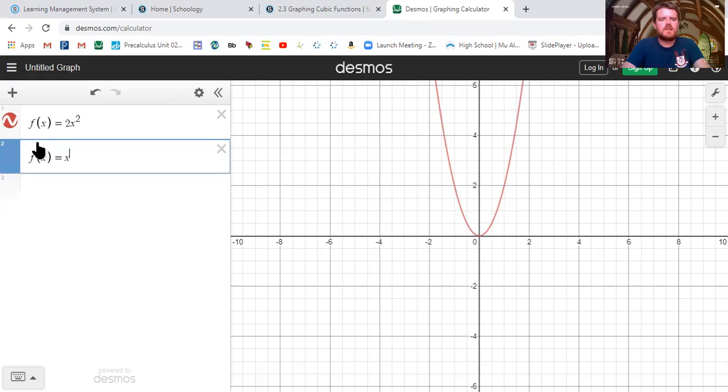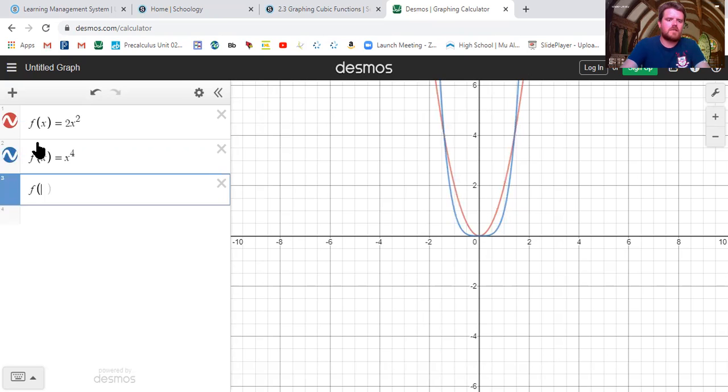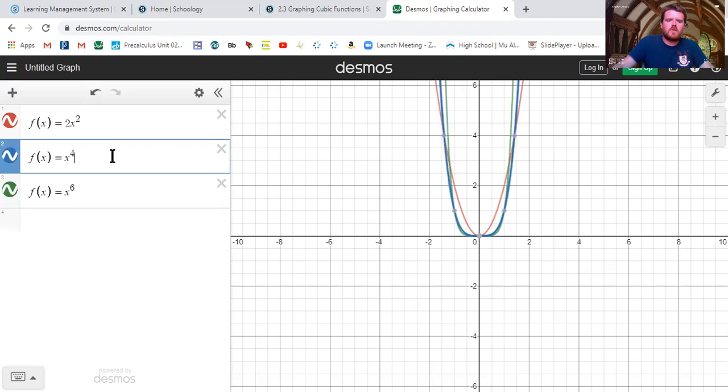What we notice as we get into higher polynomial functions, whether it's something that's x to the 4th power or something that's x to the 6th power, for instance, we see that those same properties apply. And these will look a little differently if we add in other terms other than the quartic term and the sextic term, for instance here.